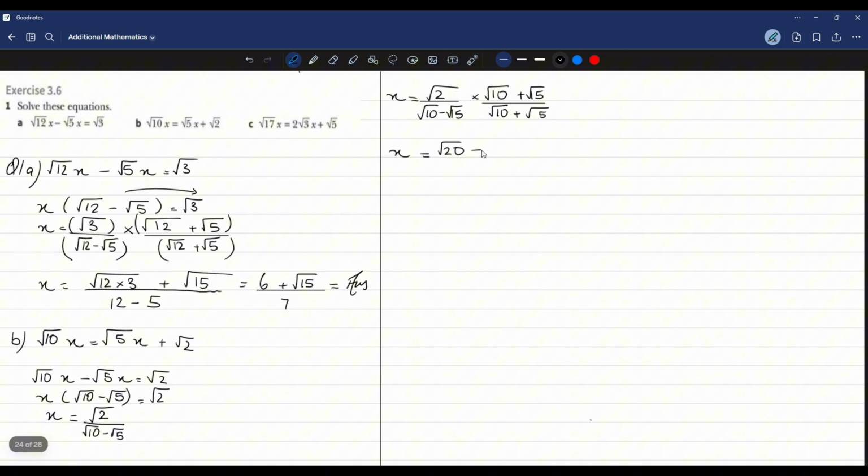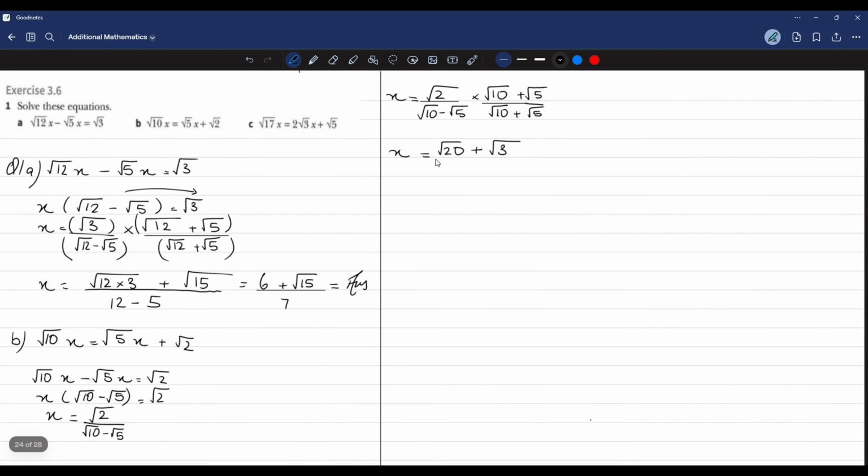Then plus under root 2 multiplied by under root 5, which is under root 10. Sorry, I did make a mistake here. Let me erase this and correct it. It's under root 5 here, and here also this is supposed to be under root 10 plus under root 5.